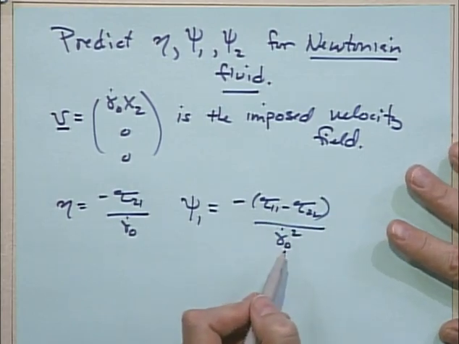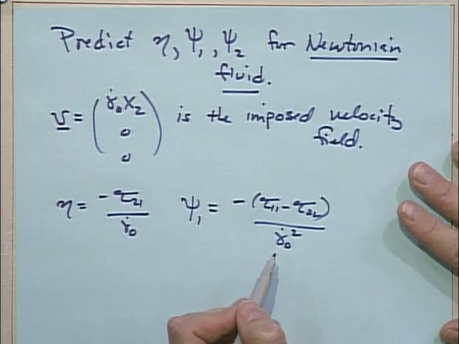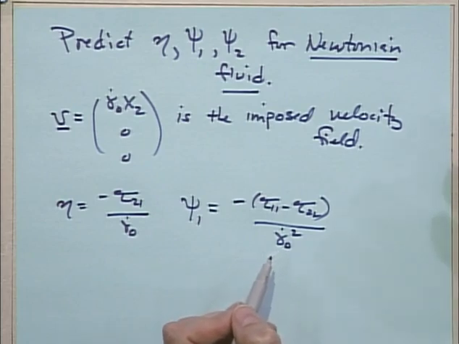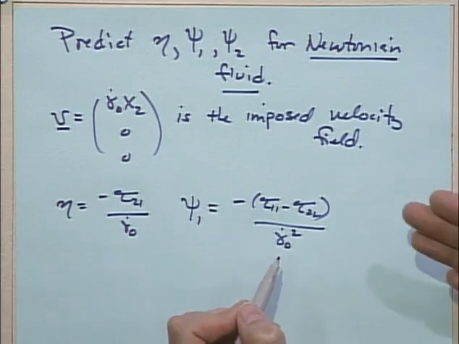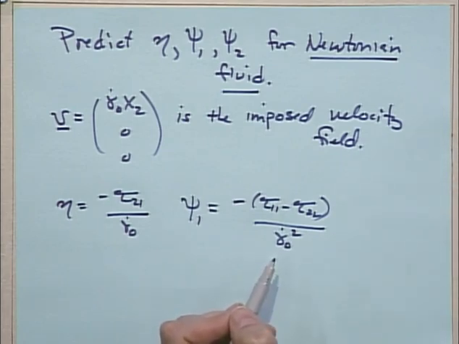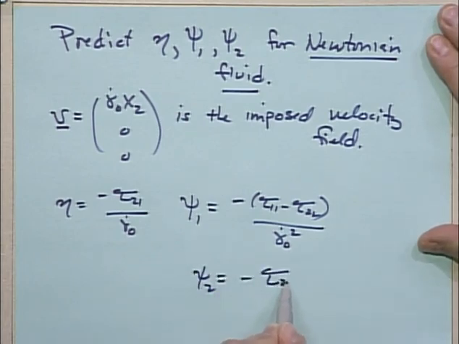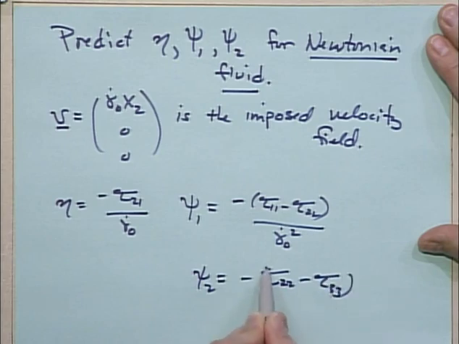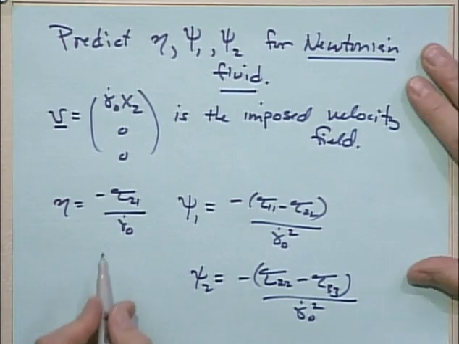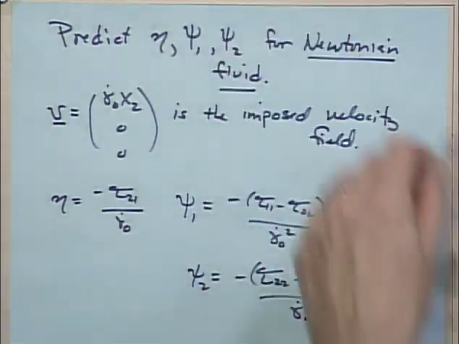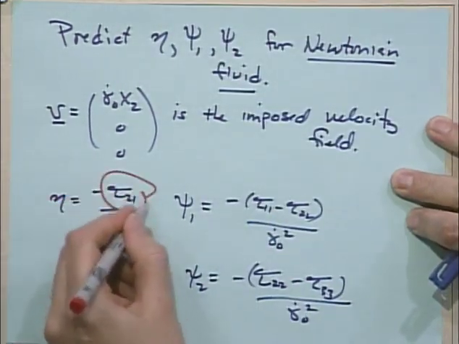Why is it gamma dot naught squared? It's arbitrary. I'll give you an argument why at some point, but for us at this point, it's just a definition. That's just the way it is. Psi 2 is minus tau 22 minus tau 33 over gamma dot naught squared. So what do we need? We need these.